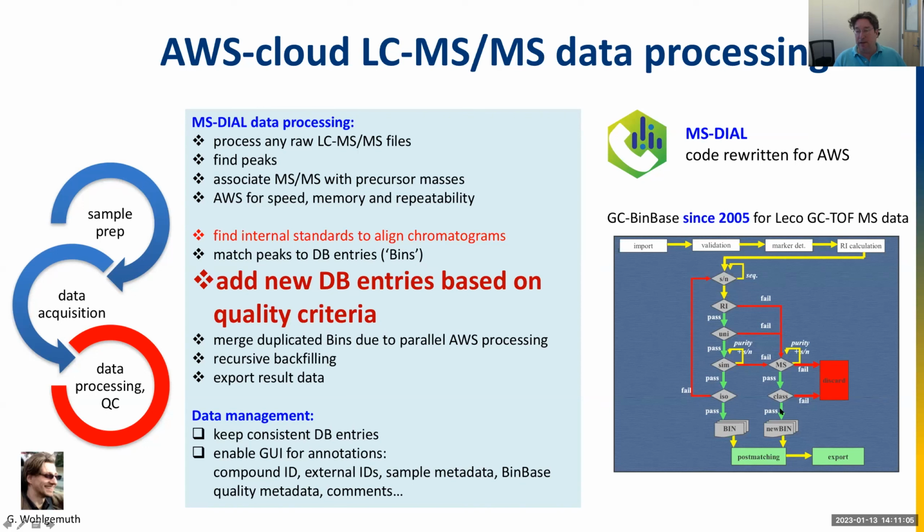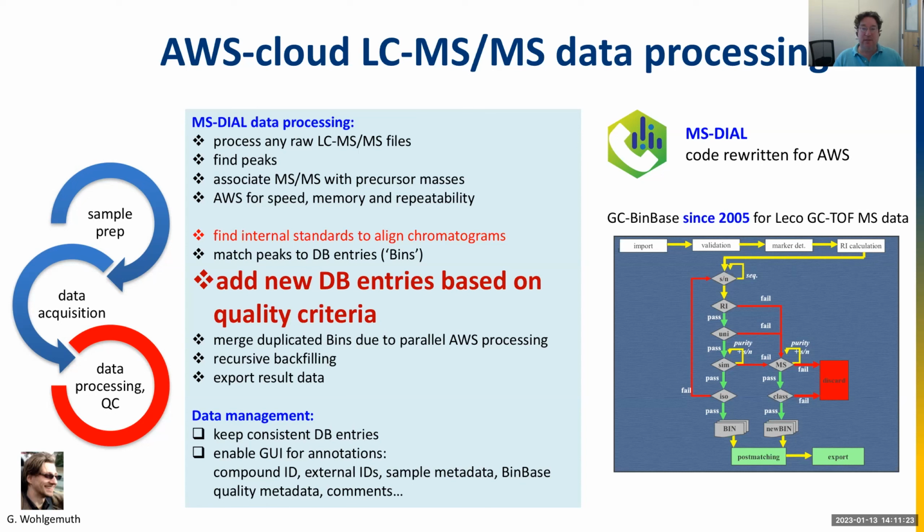We automatically recognize those and only let compounds through that are found in sufficient quality and sufficiently often per biological class, and enter them into binbase as a new bin. Then we reprocess all of that and export it.